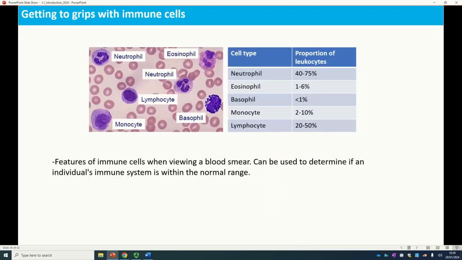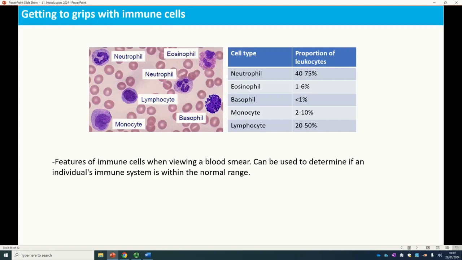Now it's important to become familiar with these cells. So here we're looking at a blood smear. And we've got our blood cells, so our erythrocytes, red blood cells here, but we've also got neutrophil, eosinophil, lymphocyte, monocyte, and basophil. So you can see that they have a distinct appearance that obviously can help to identify them under the microscope. And they're also present in our blood in different proportions.